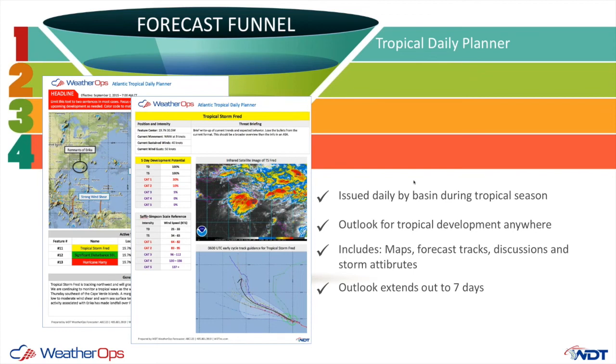We extend this outlook to 7 days. Essentially what it does is we put a probability of development on the system and then the likelihood that it could affect a particular area like the Gulf of Mexico or the East Coast of the U.S. So our Tropical Daily Planner is kind of the first means of providing that information.